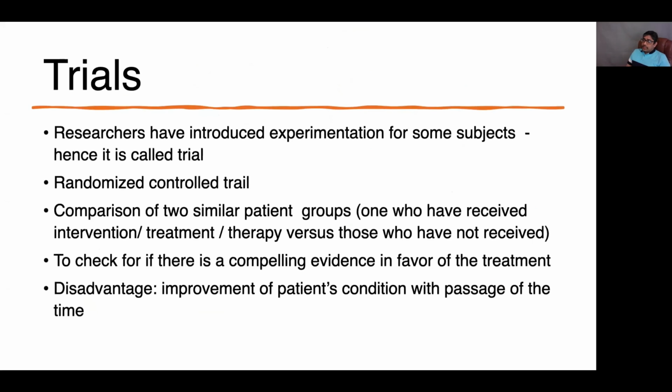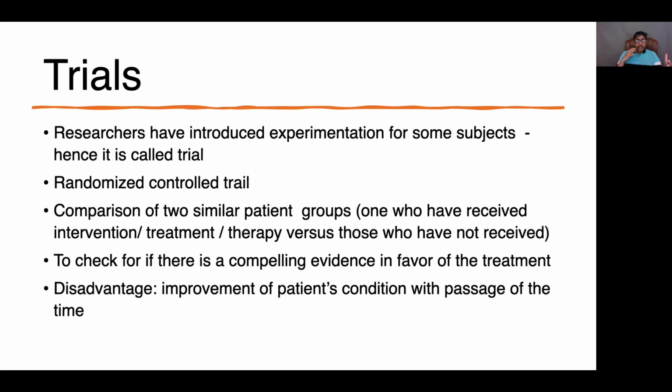The researchers introduced the trial concept because, in the past, the experimentation was done only on some group of subjects. So it's a trial on some group of subjects. That's why the word trial came into existence. If you randomize the group of subjects, it becomes a randomized trial.